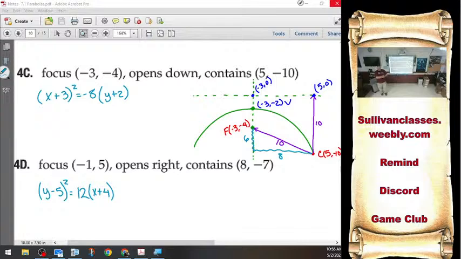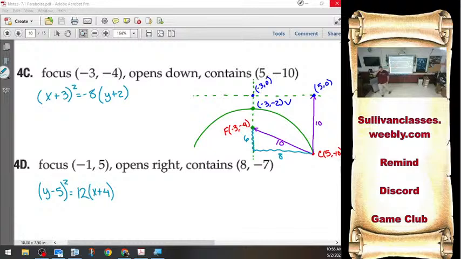The legs of the triangle were 3, 4, so the hypotenuse is 5. They were twice as big, hypotenuse is twice as big. Or dump it in my calculator and get the distance formula. When I find that distance, if it's 10 from the point to the focus, then it's 10 from the point back to the directrix.